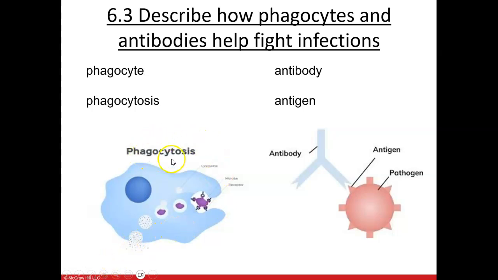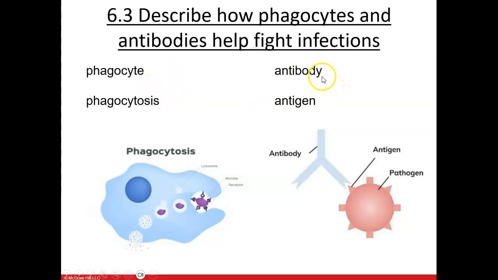So a phagocyte is a white blood cell that can carry out phagocytosis, and it's going to remove pathogens like bacteria and viruses, as well as any old or damaged cells of the host. So our own phagocytes can eat up our own dead cells that are floating around in our blood. That's a really important part of keeping our blood clean and free of pathogens. So that's an important defense mechanism.